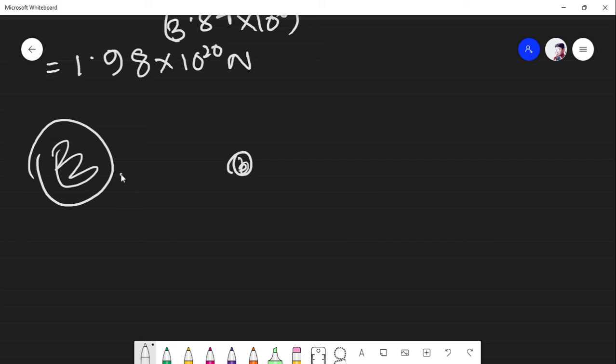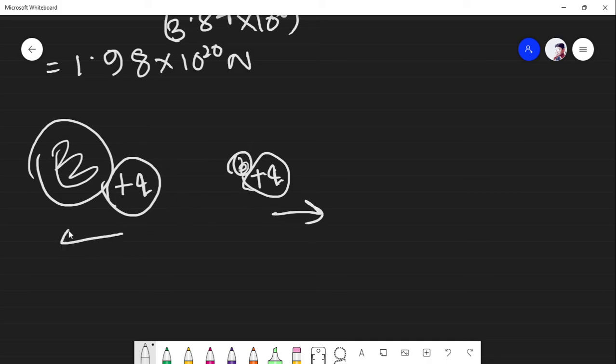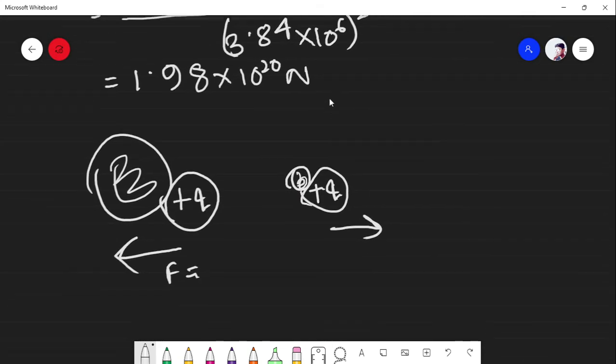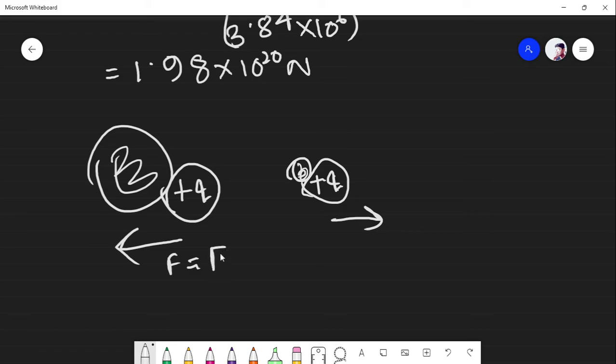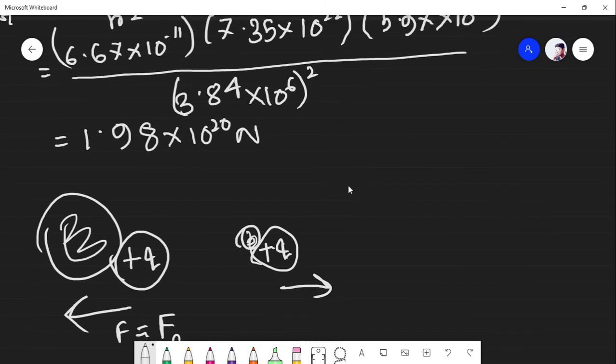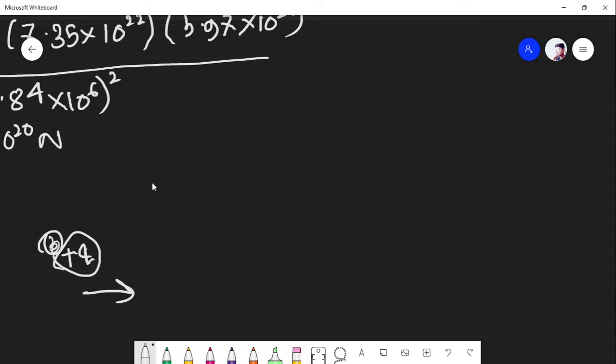If we add q amount of charge in earth and q amount of charge in moon, so that the repulsion electric force is equal to the gravitational force acting between them, this should be the equation.